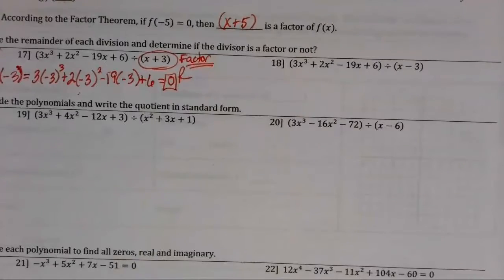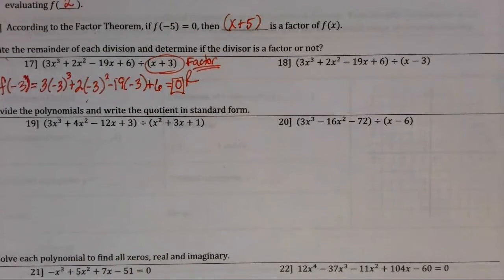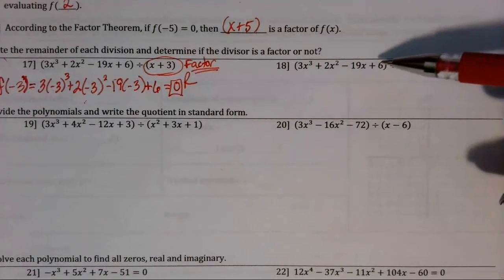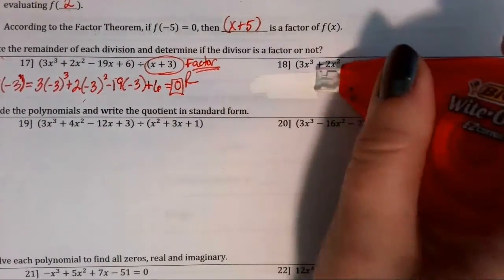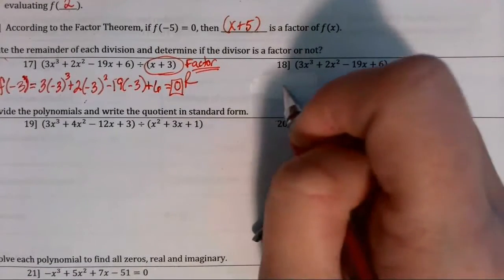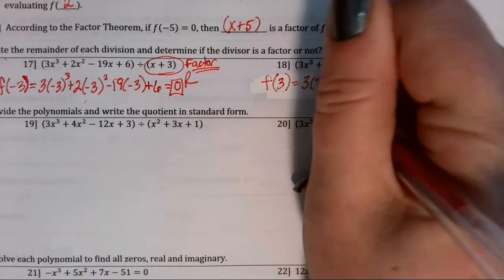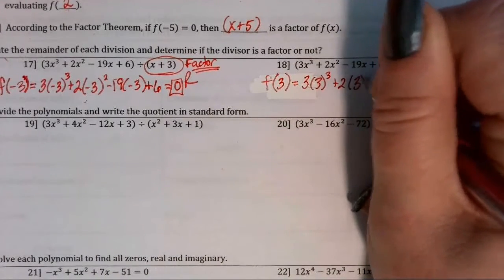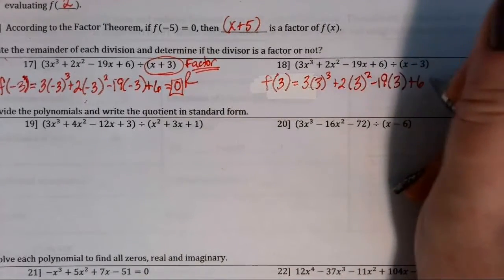Okay, then when we do that with number 18, we want to see if x minus 3 is a factor of 3x cubed plus 2x squared minus 19x plus 6. So we're going to evaluate f of 3 by substituting 3 in to our polynomial for each of these x variables.